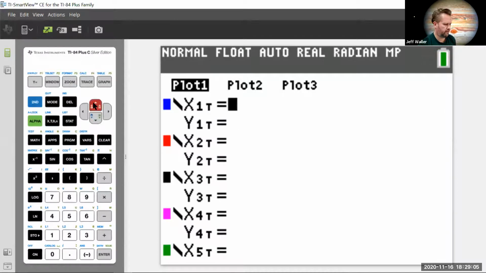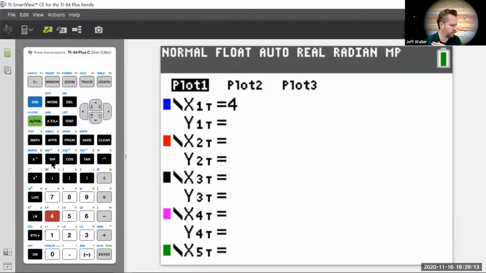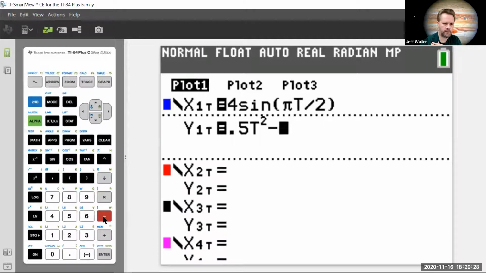Let me get this sheet up so I can remember what it is. All right, so for x, you put pi t divided by 2. So that's what x is. And then y is 1/2 t squared minus 4.